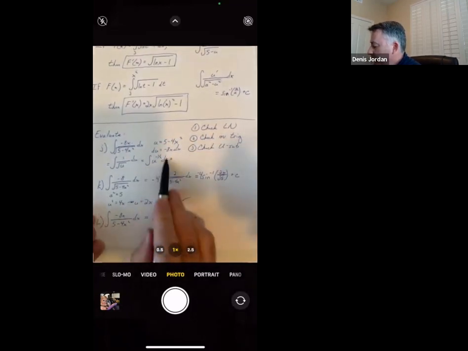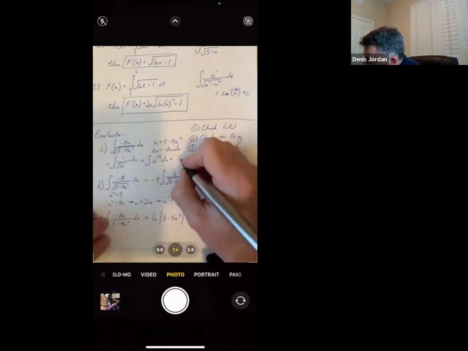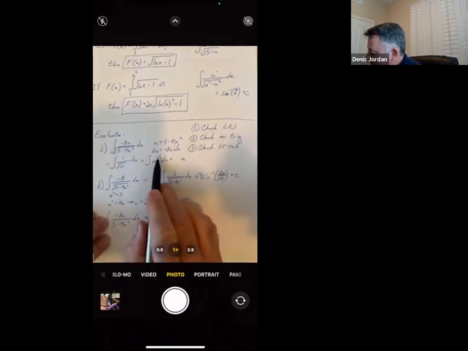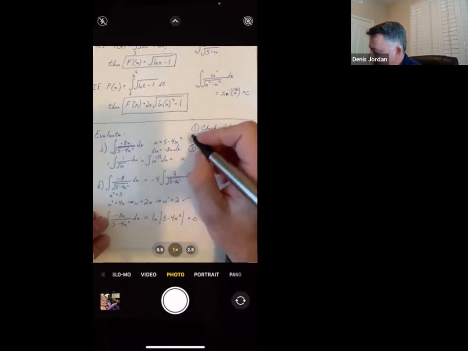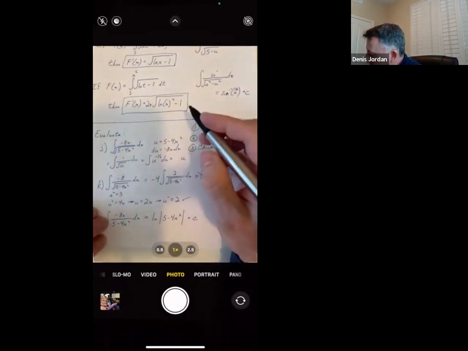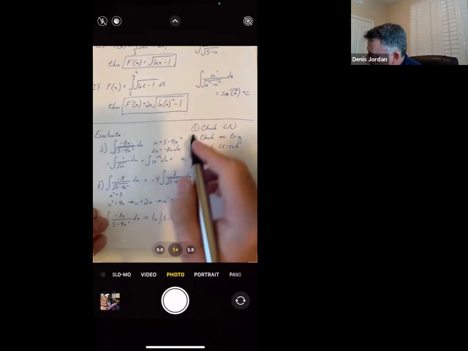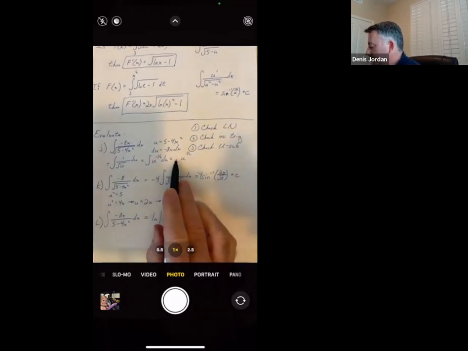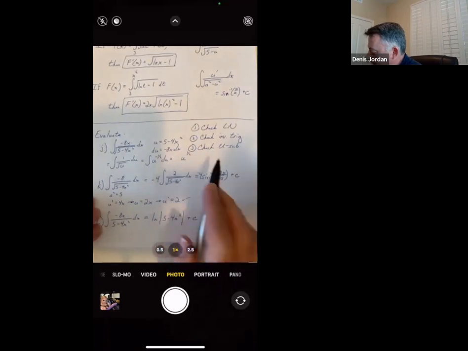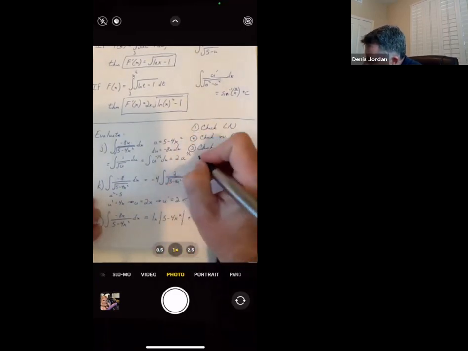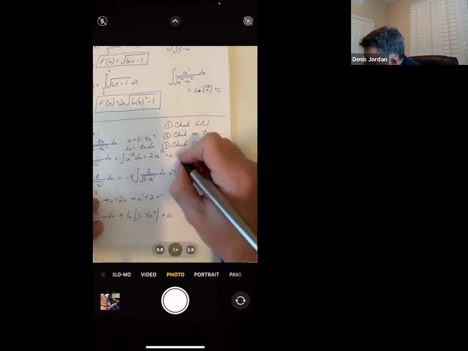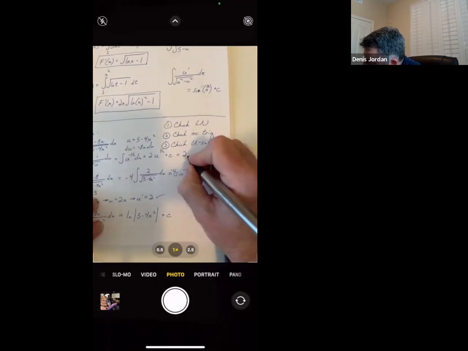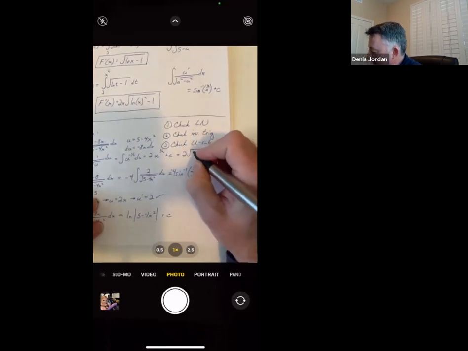And then when you integrate with the power rule, you add 1 to the exponent because it's the opposite of the derivative. So -1/2 plus 1 is a half. Then you multiply by the reciprocal of the exponent, which is 2, plus the c. And then change everything back into terms of x.